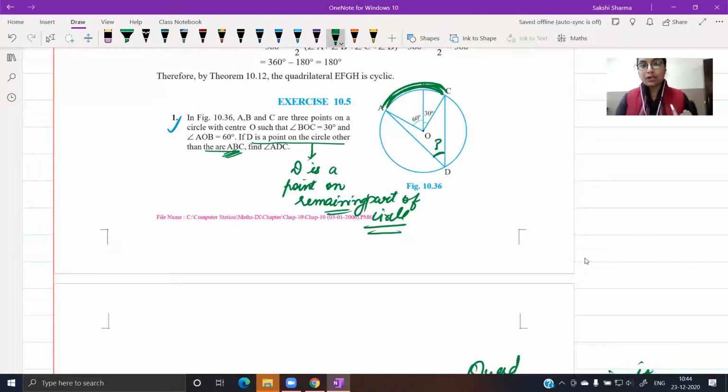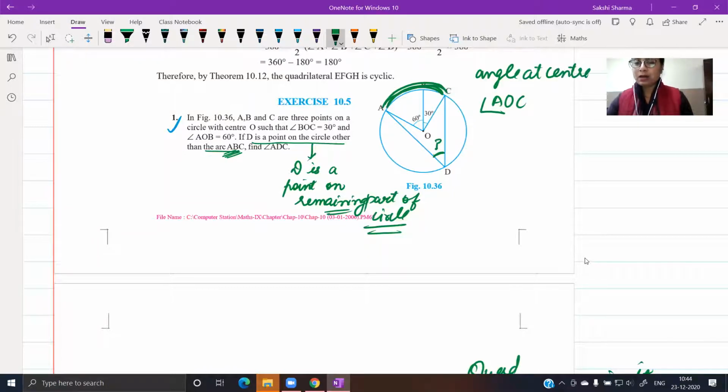So first thing we would like to do is we would like to identify the arc which is subtending an angle at the center as well as it is subtending an angle at the circumference. तभी हम उन दोनों angles का relationship लिख सकते हैं. यहाँ पे उन्होंने आपकी हेल्प के लिए नाम बता दिया कि ABC की बात करनी है. So the angle that this arc subtends at the center is angle AOC.